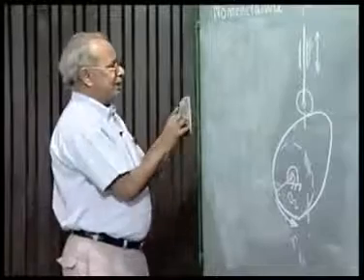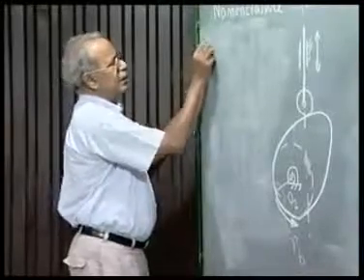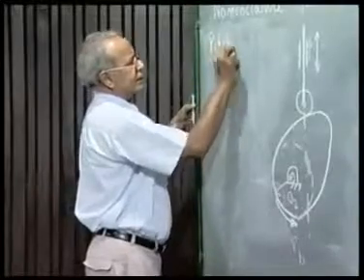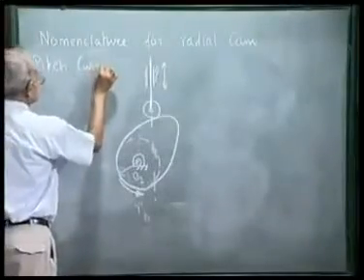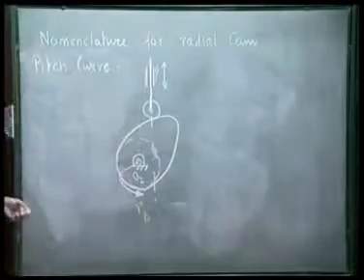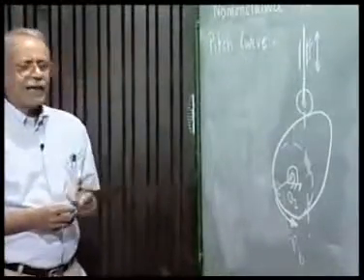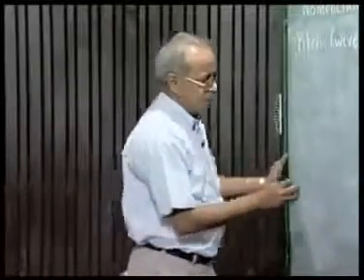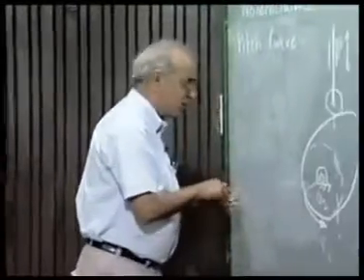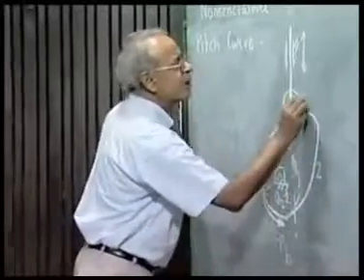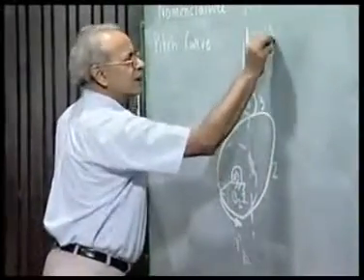Next, we define what we call a pitch curve. To define the pitch curve, we think of a kinematic inversion. If you remember the kinematic inversion, this is the 4-link mechanism: fixed link, cam, roller, follower.